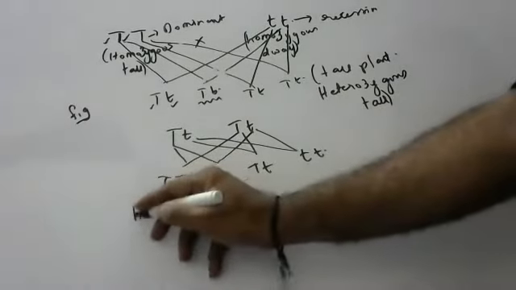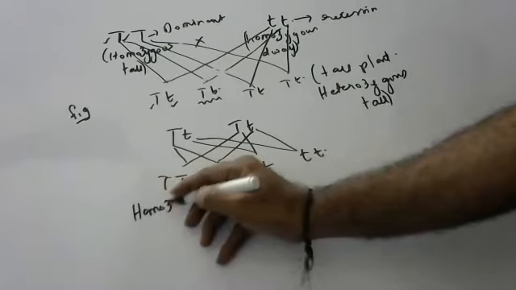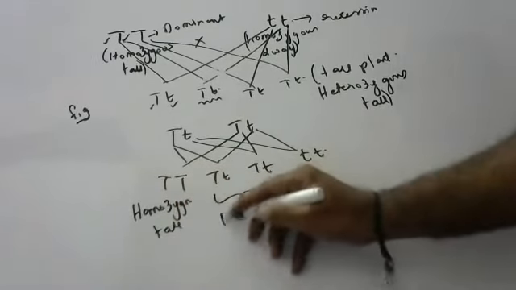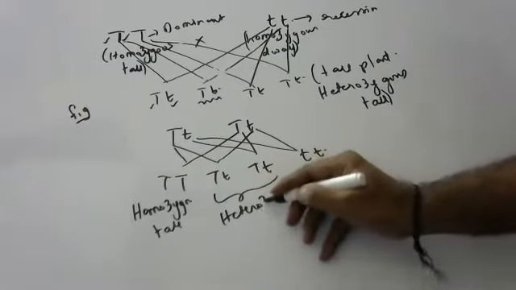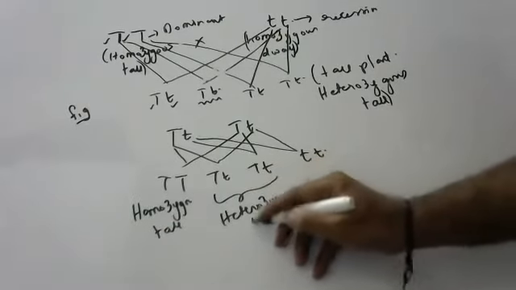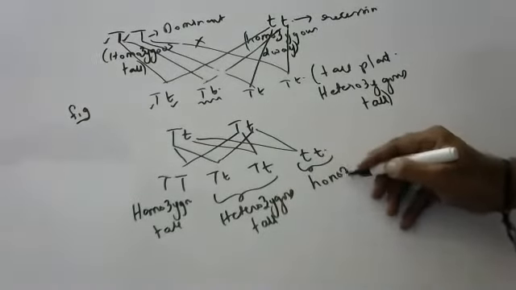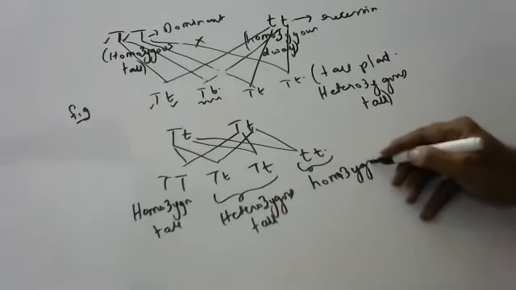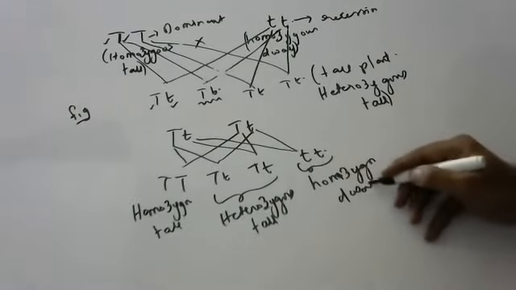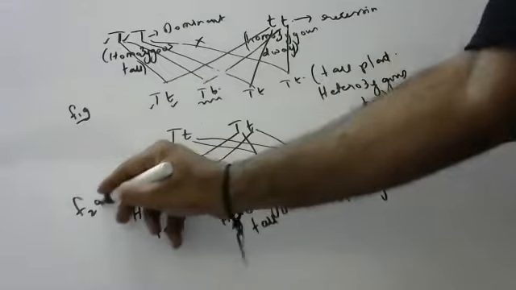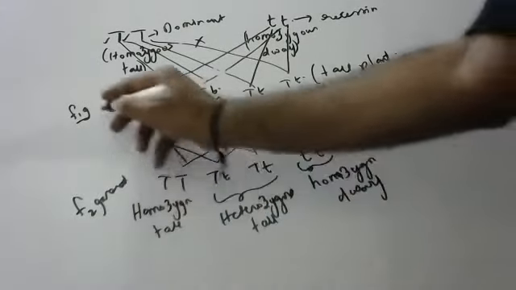So you got one homozygous tall, two heterozygous tall, and one homozygous dwarf, a perfect dwarf. The first dwarf character came in the second generation. This is called the F2 generation, the second filial generation.